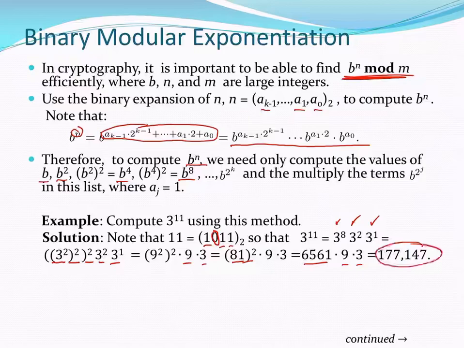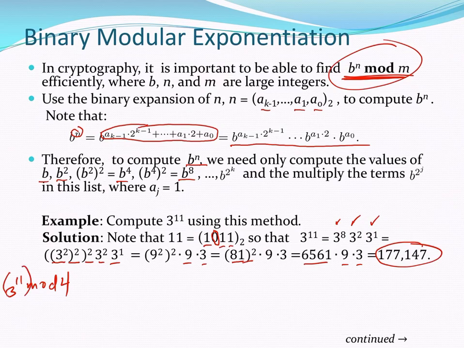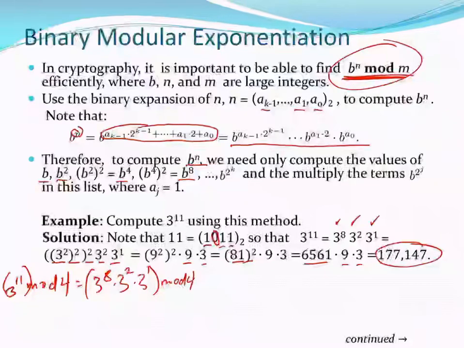Let's use this as an example to look at b to the n mod m. Let's say we wanted to get 3 to the 11 mod 4. Well, we can break that down: 3 to the 8th times 3 squared times 3 to the 1st mod 4.